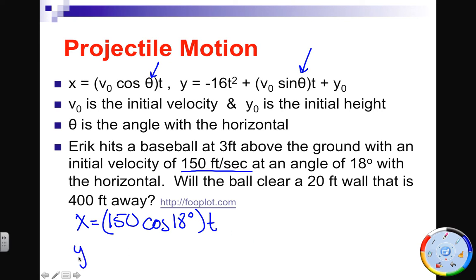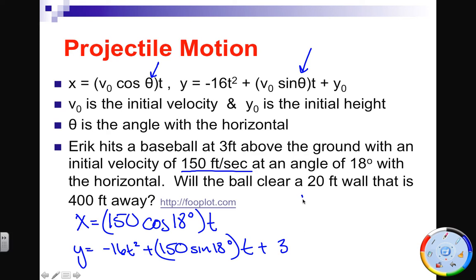And y is equal to the equation, negative 16t squared, it's just there, plus initial velocity. Oops, not times the cosine, times the sine of 18 degrees, t, plus my initial height, which is 3, which sounds about right because you hit the baseball around your waist, about 3 feet off the ground.